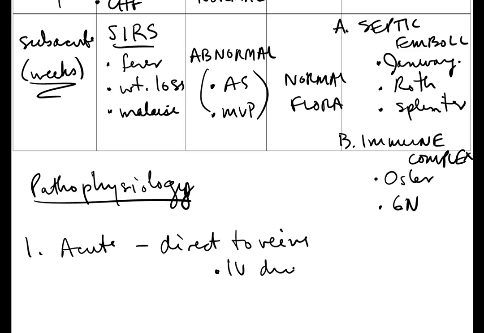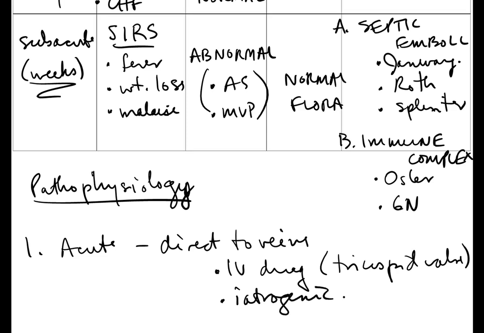It can be an IV drug user, and that often distinctively involves the tricuspid valve. Or it can be iatrogenic, and the patient had a medical procedure in a hospital with an IV device and got the Staph aureus that way.